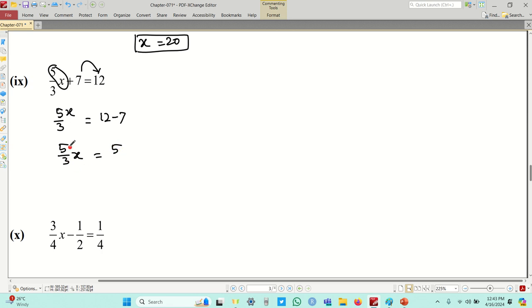Now how to solve this question? Now my dear friends, we need to shift this value here. 5 by 3 x is equal to 5. So how will we do it? x is equal to 5 divided by 5 by 3.